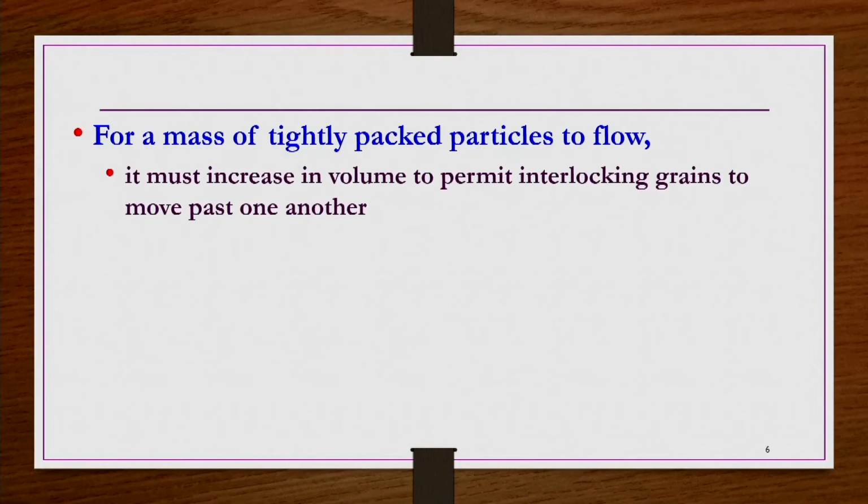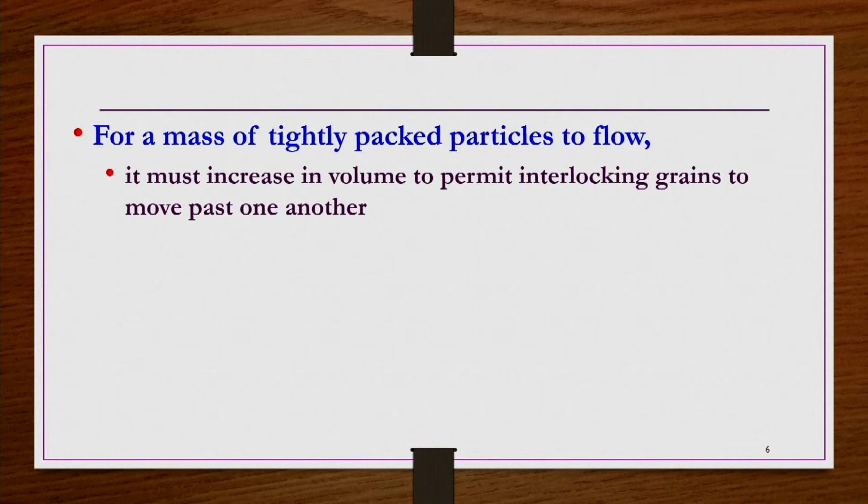So, if you want that tightly packed bulk material to flow, what do you have to do? You have to create a kind of dilation. You have to increase its volume so that dilation takes place, and then the solid mass can flow comfortably. That is, it must increase in volume to permit interlocking grains to move past one another.